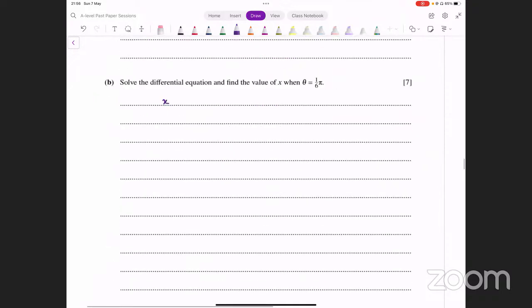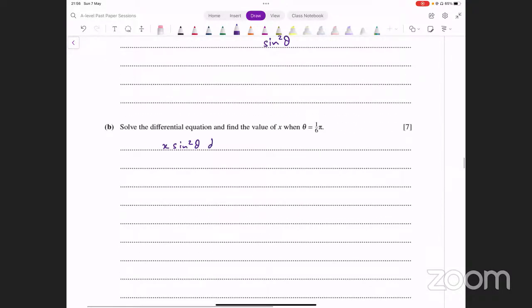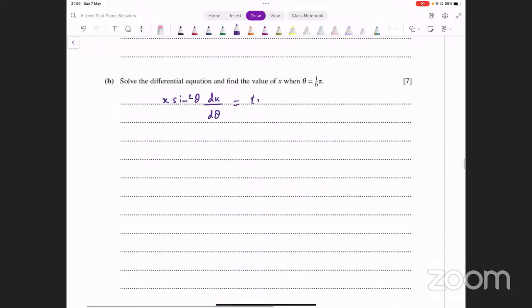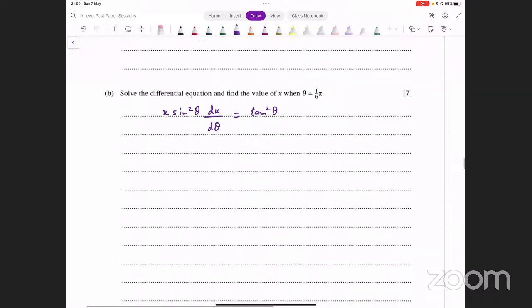So we have x sine square theta into dx over d theta, that is equal to tan square theta minus 2 cot theta. Okay, this is the equation that we have. We need to solve this differential equation and find the value of x when theta equals pi over 6.